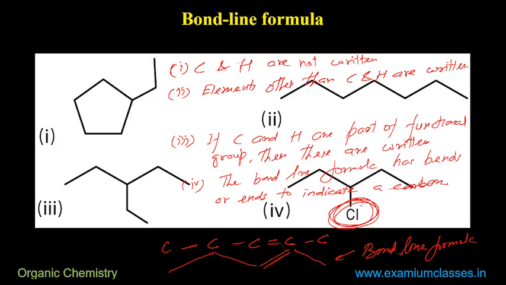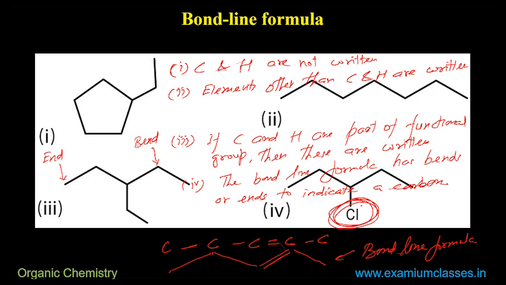So either there will be bends, so this is a carbon, or ends, this is a carbon. In the book, it is not written like this. I have simplified it so that you can understand. If you understand these 4 points, everything should be clear about bond line formula.